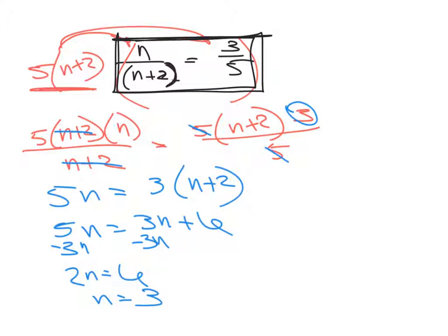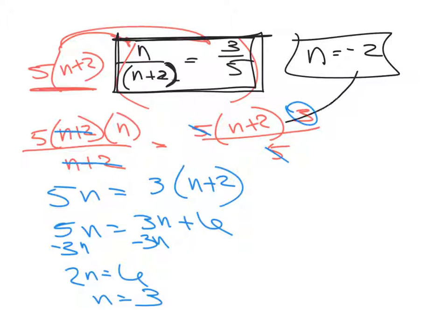So before we solve for n, we first have to find out what n cannot be. n cannot be negative 2, because if we put negative 2 in here, negative 2 plus 2 is 0. And whenever we have a 0 in a denominator, like in that fraction right there, the answer does not exist.